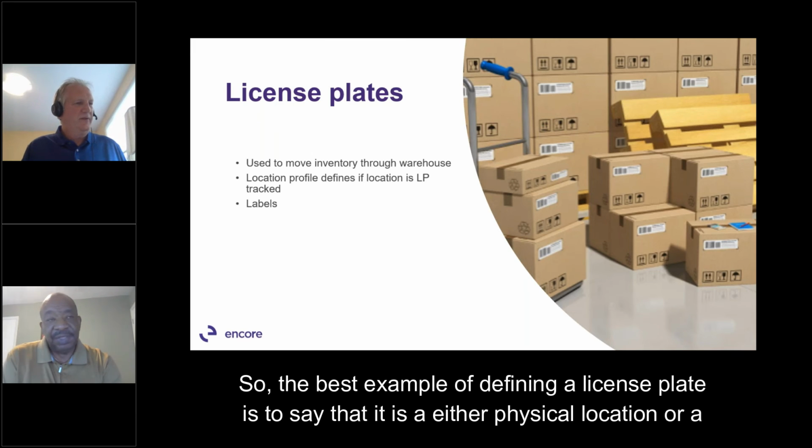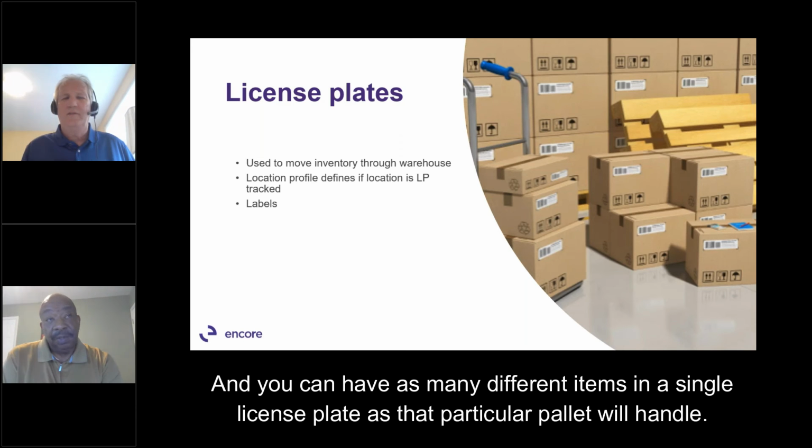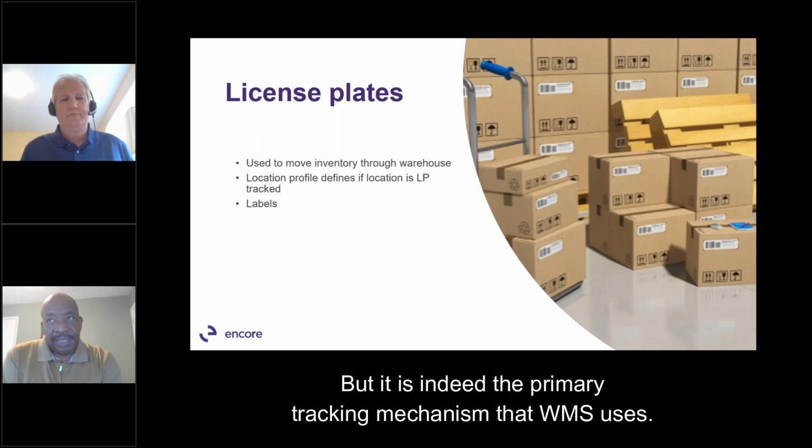The best way to define a license plate is to say that it is either a physical location or pallet of material, and you can have as many different items on a single license plate as that particular pallet will handle. But it is indeed the primary tracking mechanism that WMS uses.